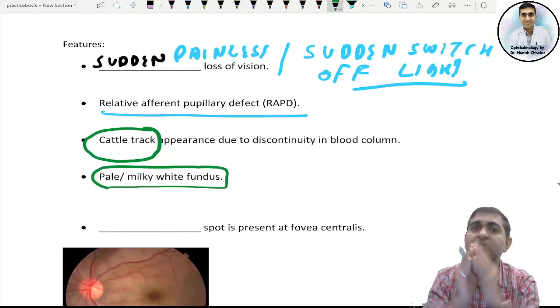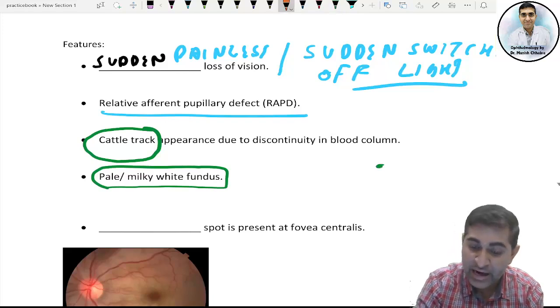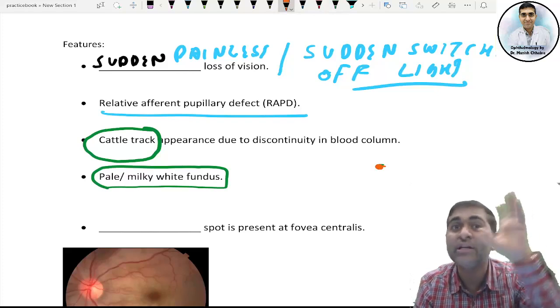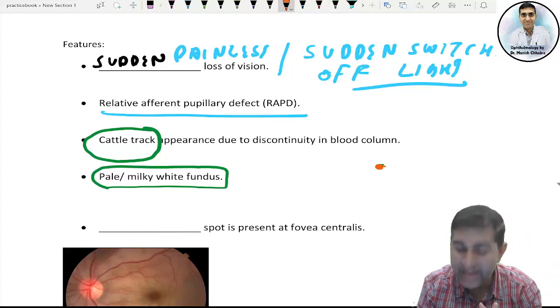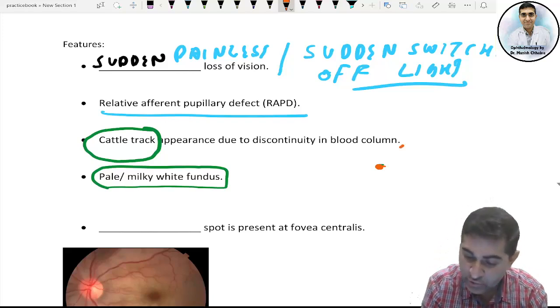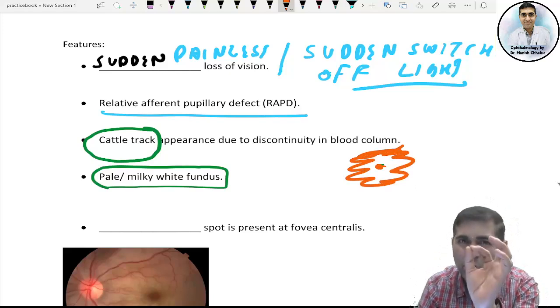So what you see is normally there is the appearance of a red dot at the fovea. Mind you, I am saying normally, that is because of the choroidal blood circulation. But we are not able to appreciate it normally because the surrounding retina is red, so we are not able to appreciate that small dot at the fovea.